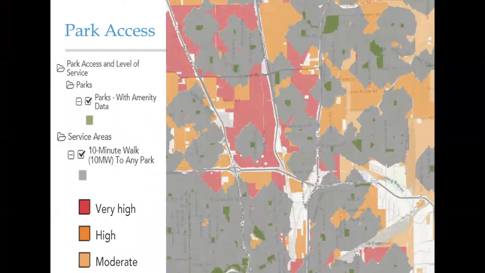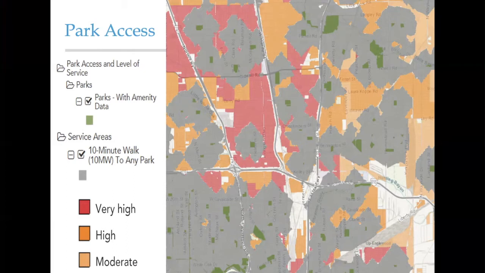And then this here, I'm actually not going to talk about how this was created, but this is one of our major tools within the Greenprint that we like to highlight before you dive into the demo and really explore this. It's essentially looking at park access, what areas of the neighborhood have access to parks within a 10-minute walk.